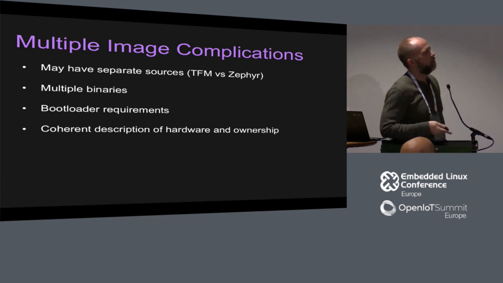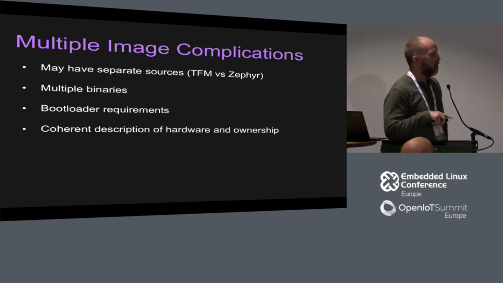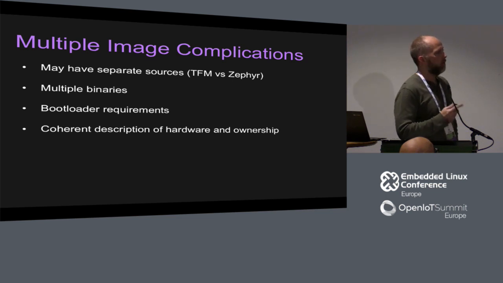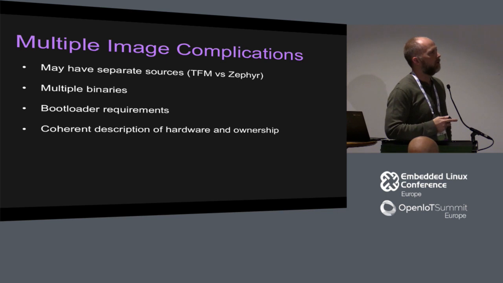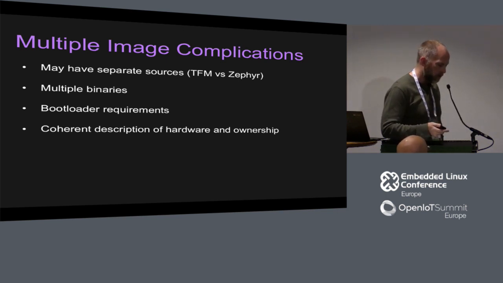So one of the problems that we have is we have to have a coherent description of the hardware. On the Zephyr side, we already use DT. We want to use device tree also in the TFM to describe this, and we want to use the same DTS. And one of the changes that's come in recently was support for the ranges property. And if you're familiar with DTS, that's great.